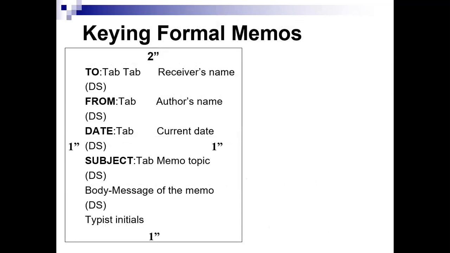Memorandums could be written in different ways, by the way. It could be in the form of an email at times, or on the letterhead of the organization, so it has different formats.